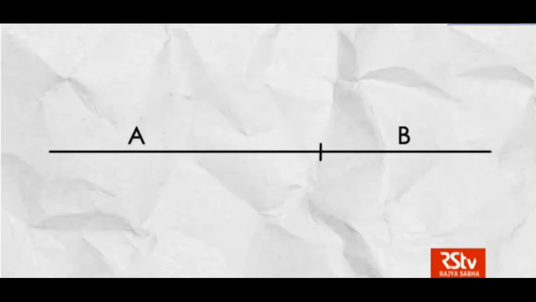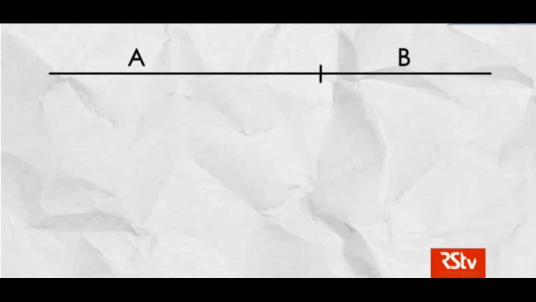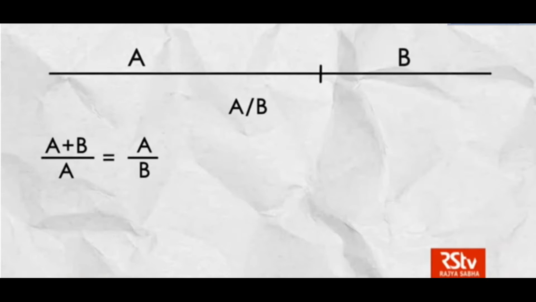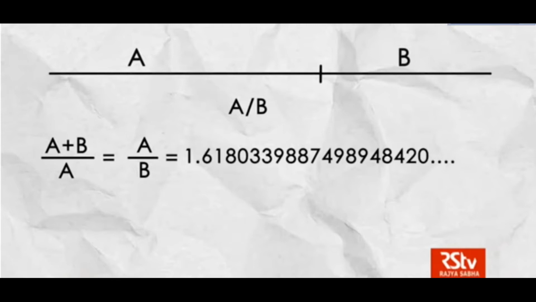Take a line, divide it into two parts, A and B, so that the longer part divided by the smaller, which is A by B, is equal to the whole length, which is A plus B, divided by the longer part A. So, A plus B divided by A is equal to A by B. And if we resolve this, we get this ratio to be 1.61803398874989484420.